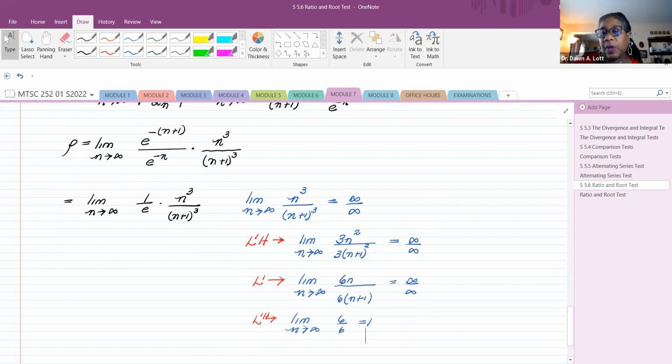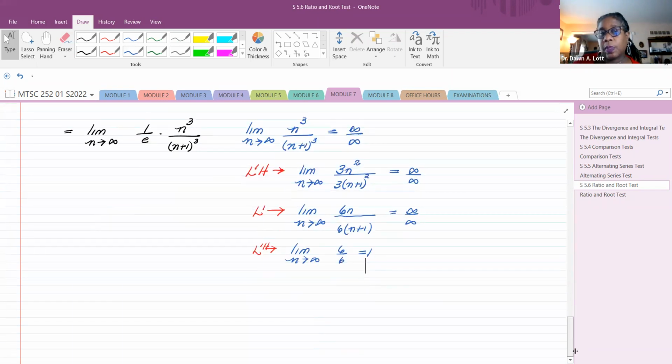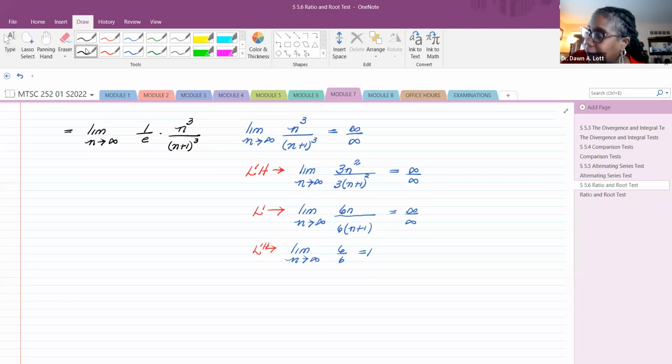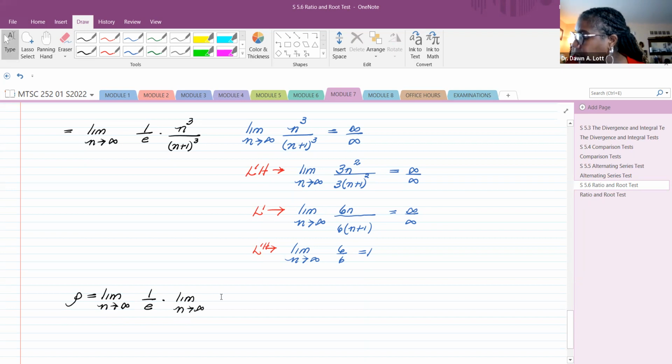Okay, so now we finally get rho. The limit as n approaches infinity of 1/e times the limit as n approaches infinity of n cubed over n plus 1 cubed.